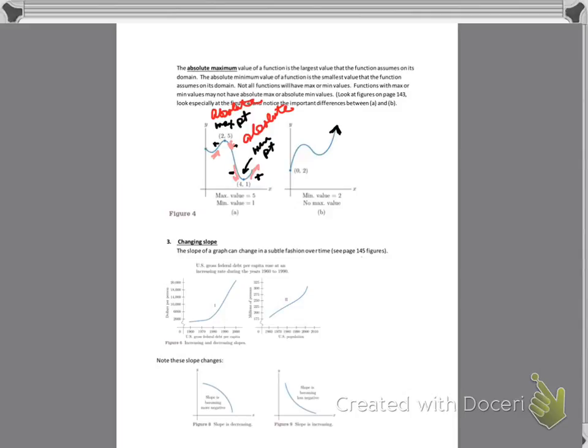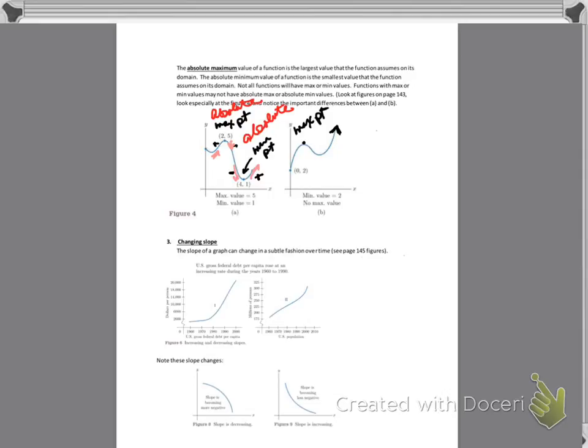Moving on to figure 4b, because of that arrowhead, I know that my function can continue to increase. So even though I know I have right here a maximum point, and I'll go back to black, it is a relative maximum point only.